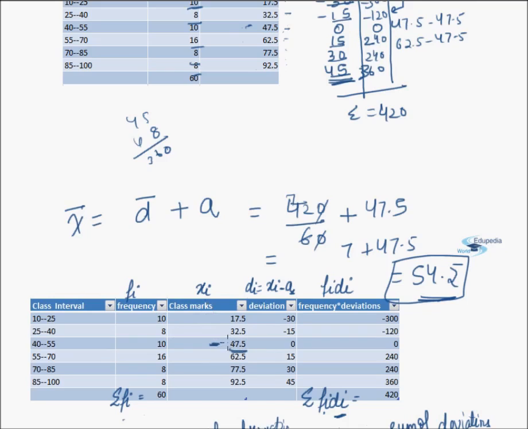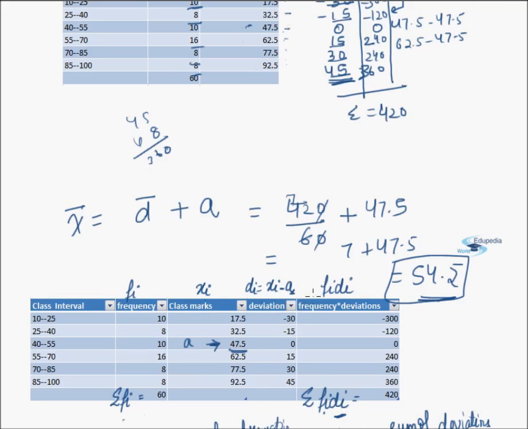We can assume any value, friends, among this column, or we can also assume any other value, say 10, 20, 30, 40, depending upon our convenience. So we have here assumed the value as 47.5 to be the assumed mean. Then we calculated deviations of the class marks from this assumed mean.